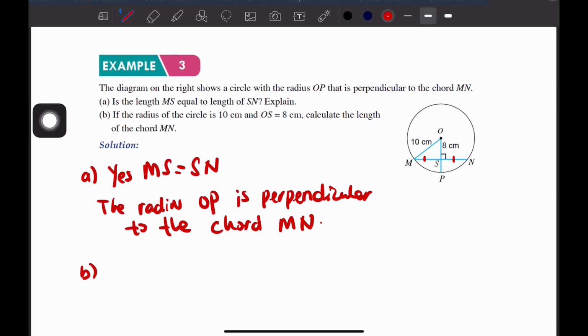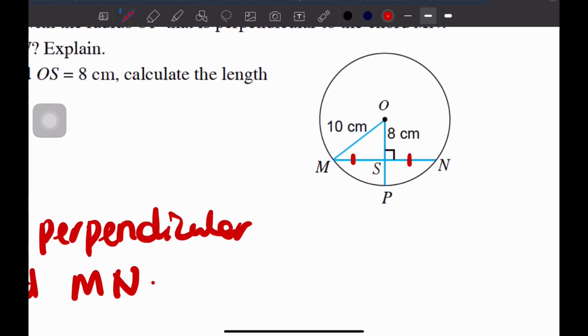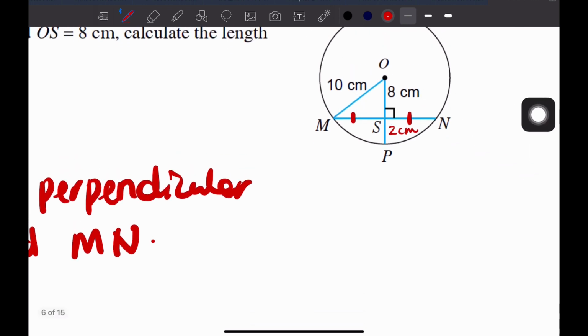Okay, so let's zoom in. It says that the radius is 10. So the radius is O until P, so 10. Over here is 8, so the balance is 2. What is the length of chord MN? Let's draw this triangle first.